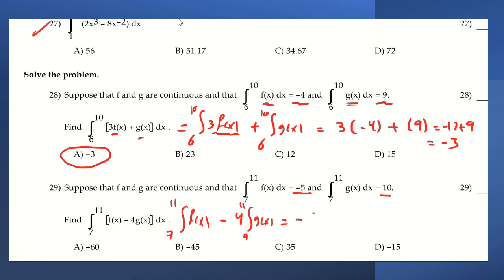So it's equal to -5 minus 4 multiplied by the integral of g of x, which is 10. So it's -5 minus 40, which is -45, using your calculator. Okay?